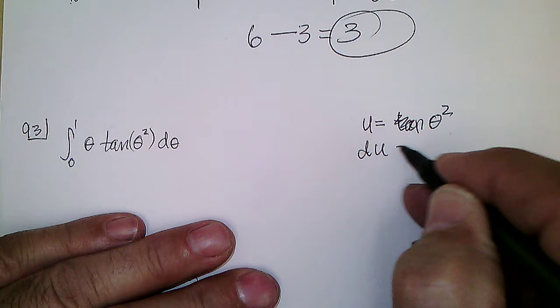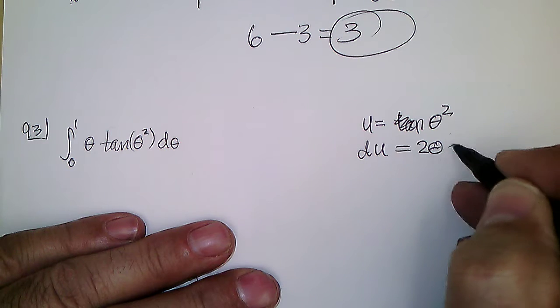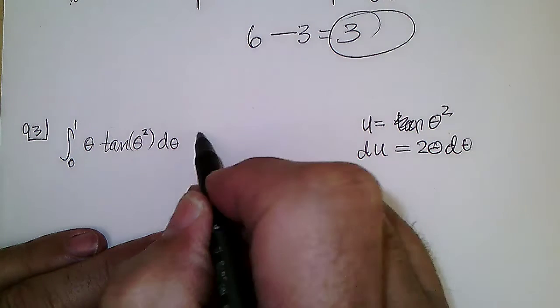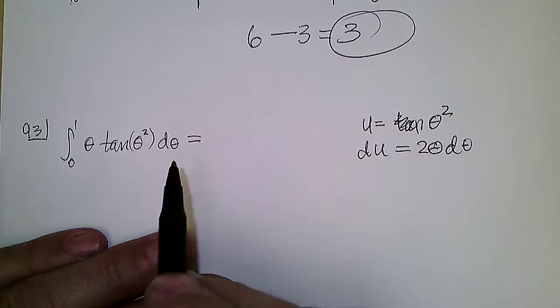So du is going to be 2 theta d theta. Now, it's not going to solve my problems here yet, but a little help out here.